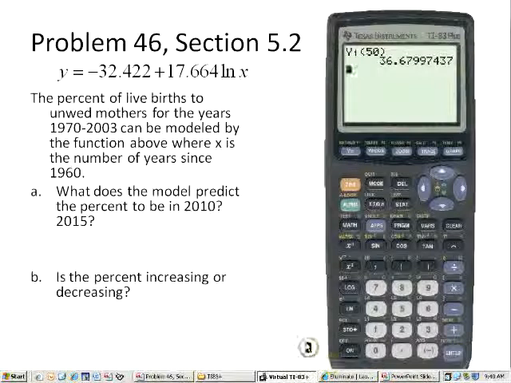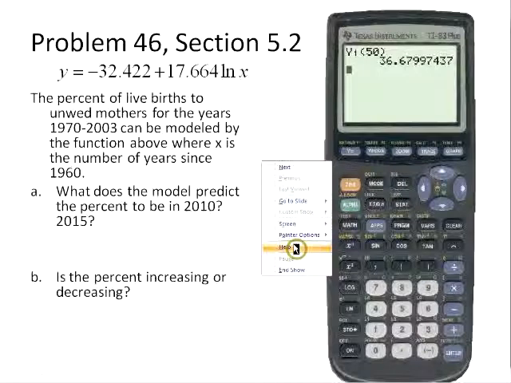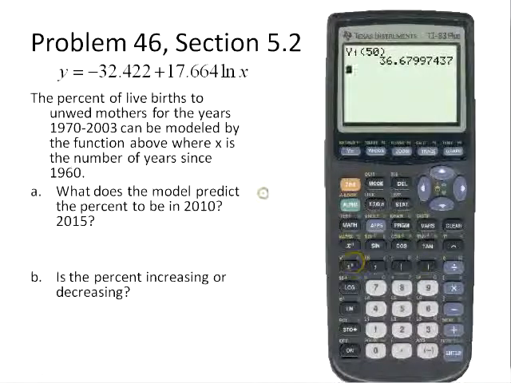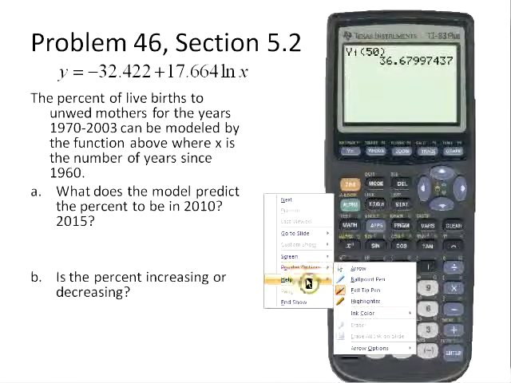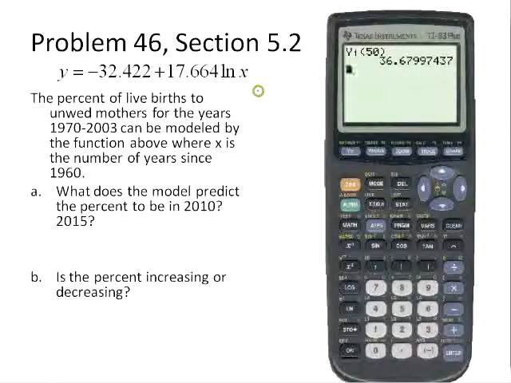And so if I set up my pointer here, I can write down that answer. My answer for this one was approximately 36.68, rounding that off.